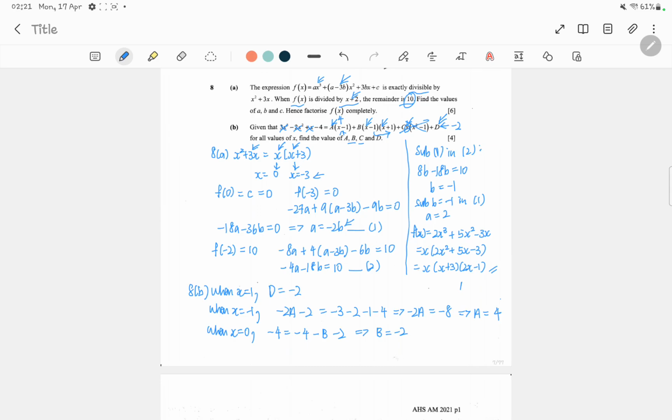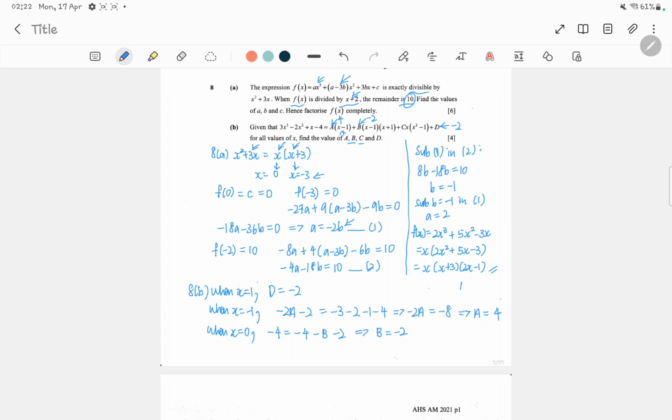Okay, so now let's write the value of b here. So we have our b as minus 2 over here. Now we are left to find c. For c, you can substitute any values of x, because we have our a, our b, and our d.